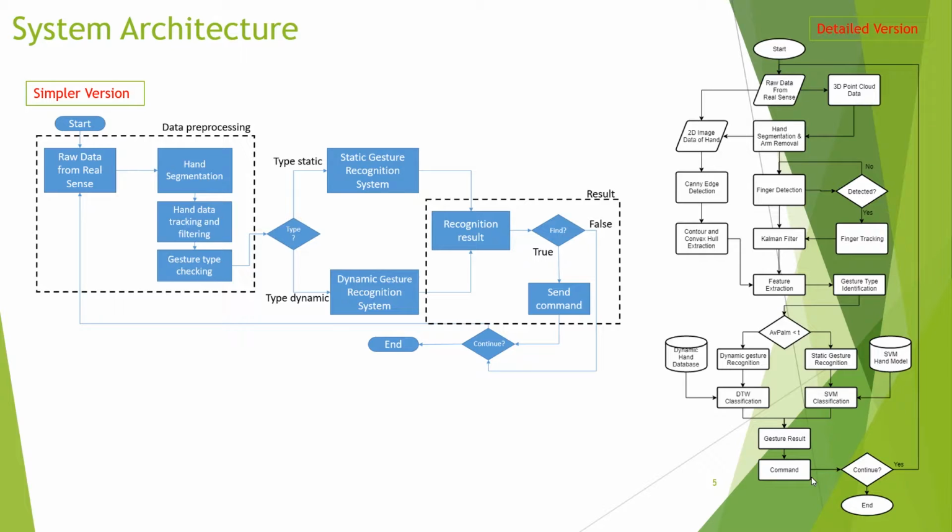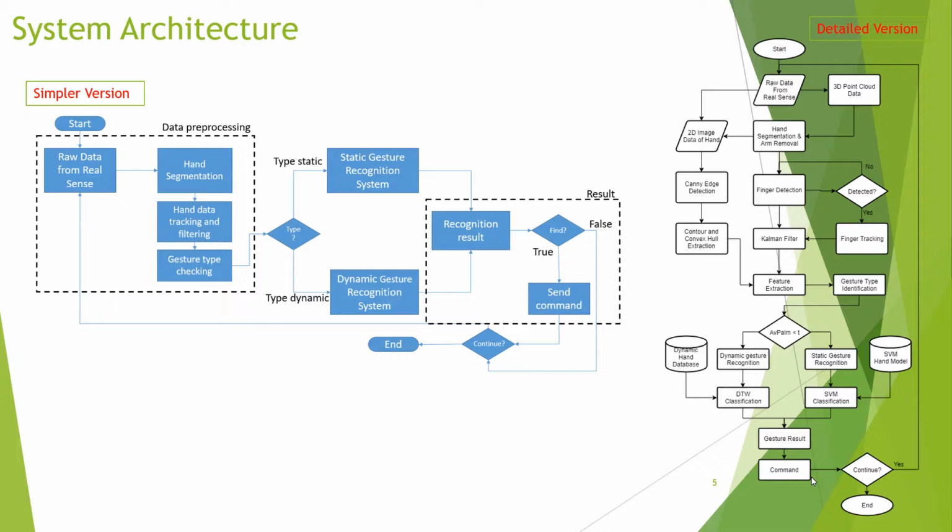As you can see, the raw data from the RealSense camera goes through the data preprocessing step for hand segmentation, tracking and filtering, and then we use that for gesture type checking, which we will explain after this. With gesture type checking, we get to know whether the gestures belong to static gestures or dynamic gestures.